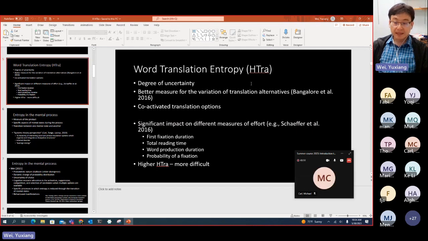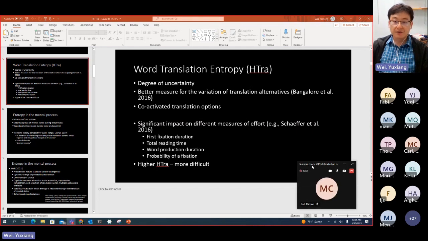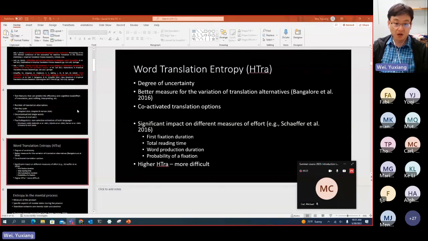Word translation entropy, as abbreviated by HTra or approximated in the CRITT database by the HTra metric, indicates the degree of uncertainty in a translation choice, simply because of its mathematical definition. And this metric has been considered a better measure for the variation of the translation alternatives than simply counting how many alternatives there are.